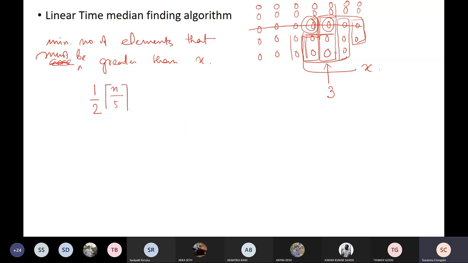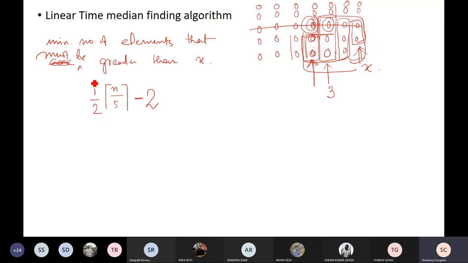Now this group contains two elements which are greater than x, excluding this x. So we can exclude this one group, and the last group may not contain all three elements. So we are excluding these two groups: the group which contains x, and the last.